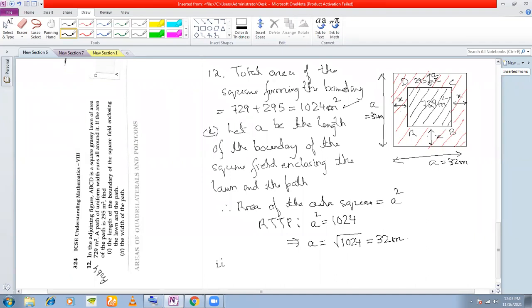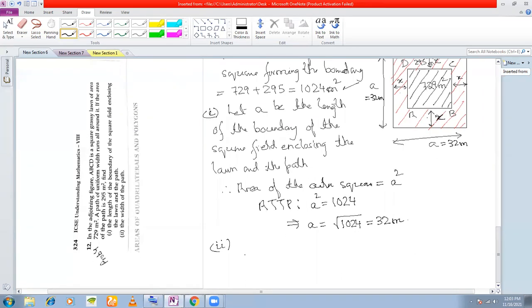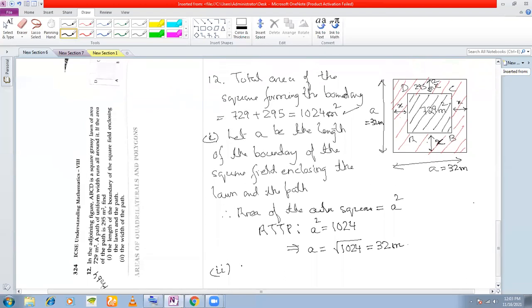Okay, second question. Second question is the width of the path. That means x. This x that we have taken, you have to find out this width. For this, what do you require? You require the area of the smaller square, right? The length of the smaller square, this one, right? So how much is this length? The area here is clearly 729.